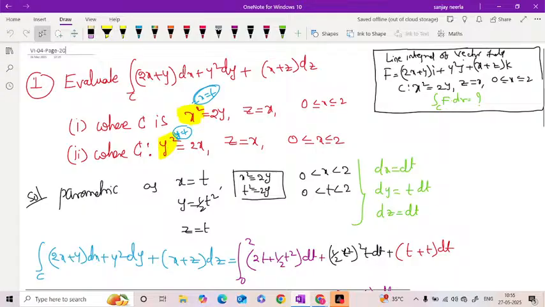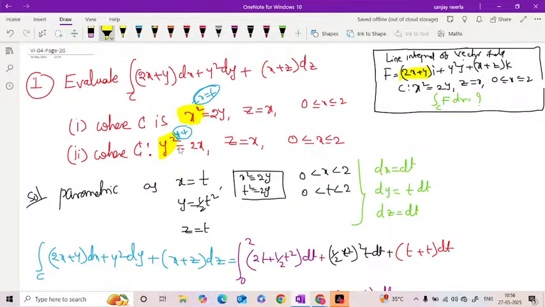But the same problem they will give in the line integral of the vector field also, if the vector is like this: (2x plus y) i plus y square j plus (x plus z) k, and the curve is the same. Since the curve is given, just convert it into parametric form. In the first problem, y is equal to 1 by 2 t square, and the t values are between 0 to 2.